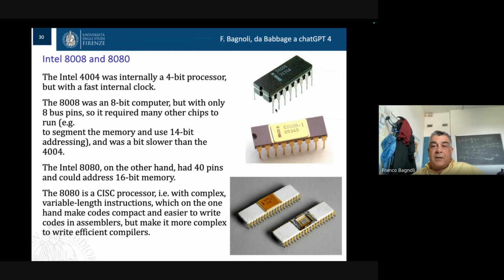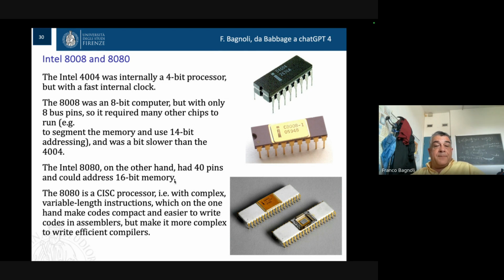Each page was 256 bytes or words, I don't know. Then, without giving the signal for changing pages, you could address all data within this page, and you have to change page if you want to go to another address.